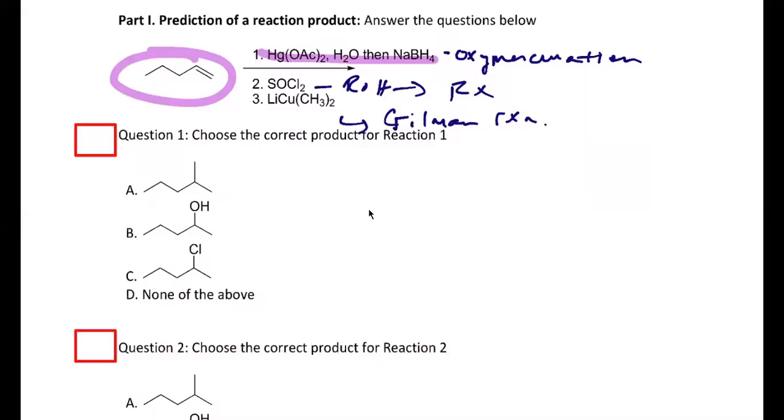It's Markovnikov addition of water across the double bond. So the first reaction is gonna give me B. And notice where the alcohol is: on the internal carbon, not the terminal one, because there's Markovnikov addition of OH and H across the double bond.